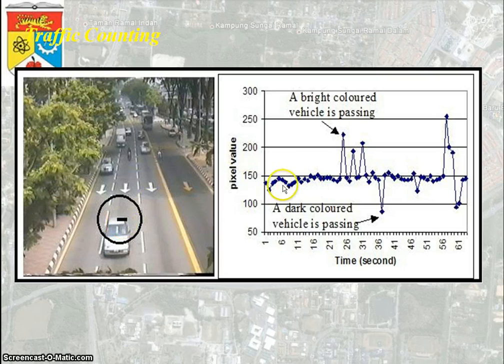For example, this is the pixel intensity of the road surface. Whenever a bright car passes through, the intensity will go up, and when a dark car or dark vehicle passes through, the pixel intensity will be lower.